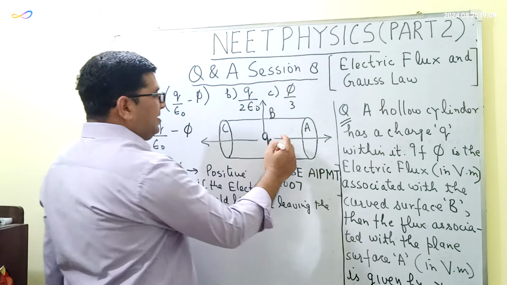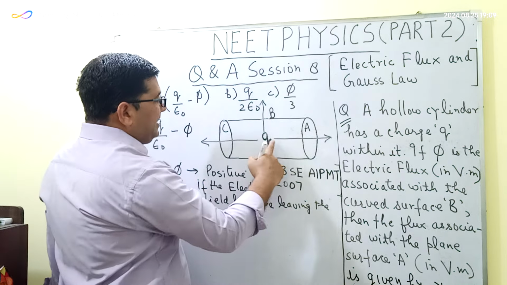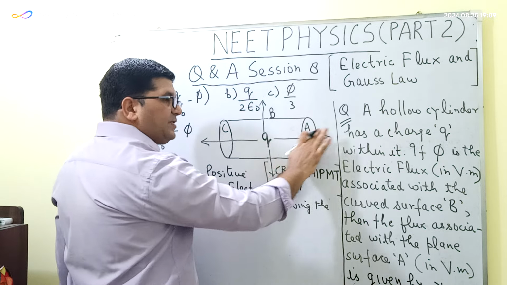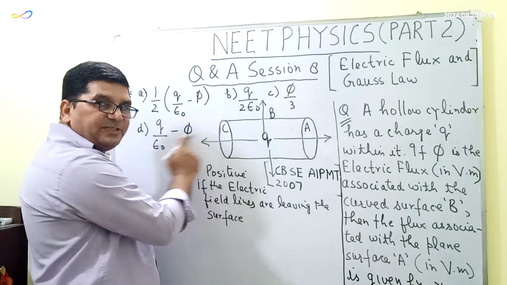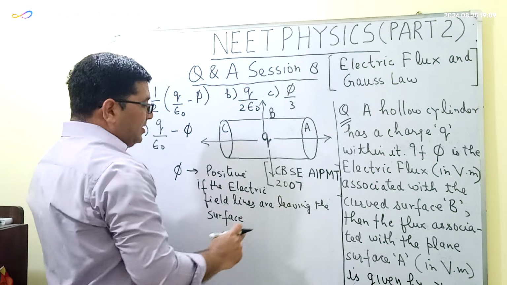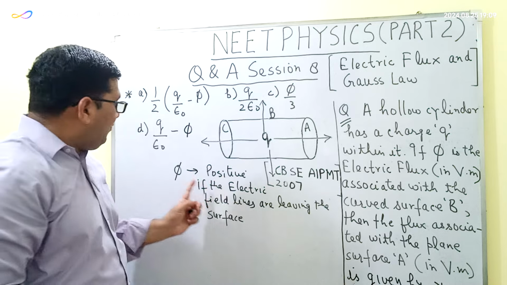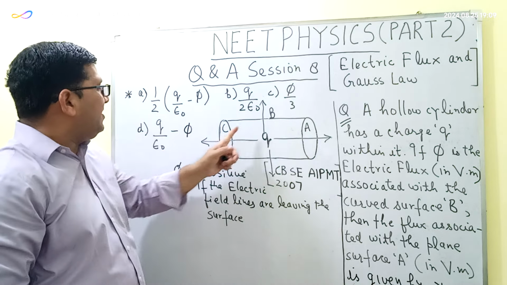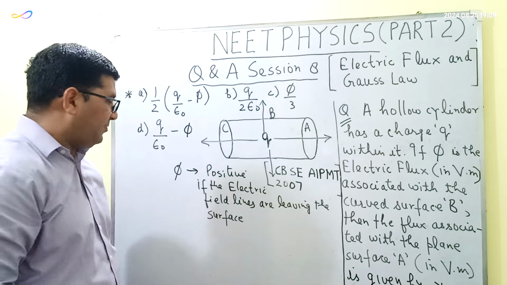In this case, we can see that the electric field lines are leaving from the surface A, from the surface C, and from this curved surface B. So the flux associated with A, C and B will be taken as positive.